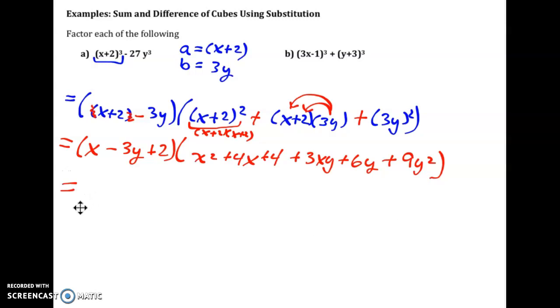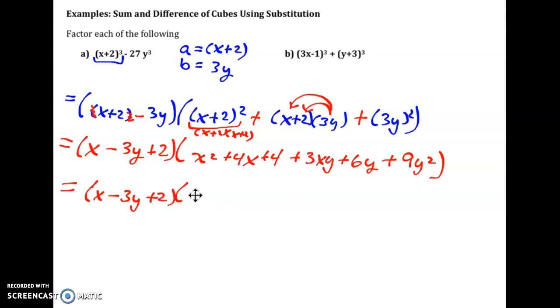Okay. And if there are any like terms, we would want to combine them. And in this case, I don't think there are. Okay. And sometimes you will see it rewritten so that it's in decreasing power, but that's less of a big deal.